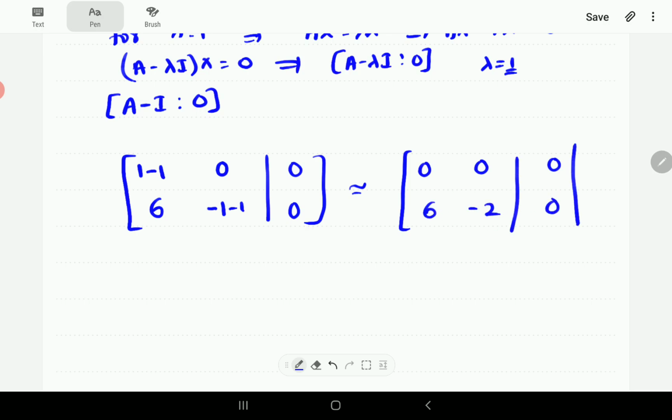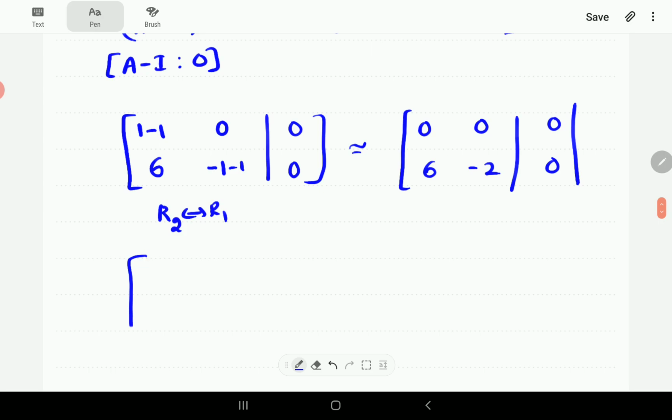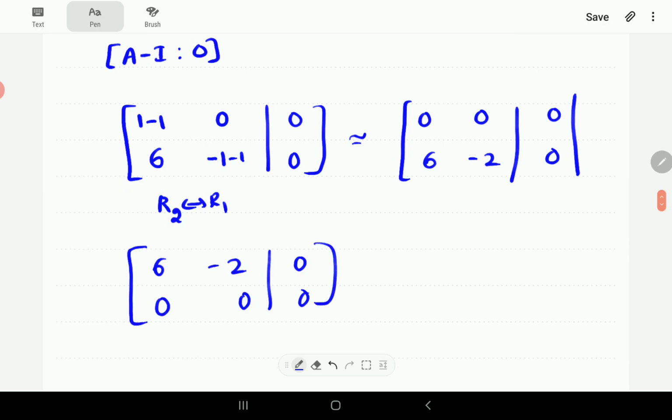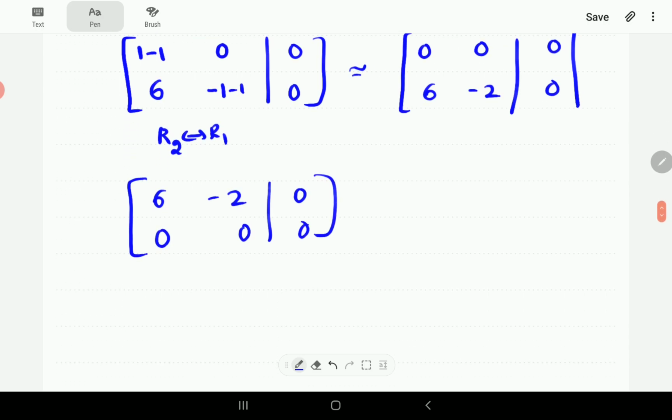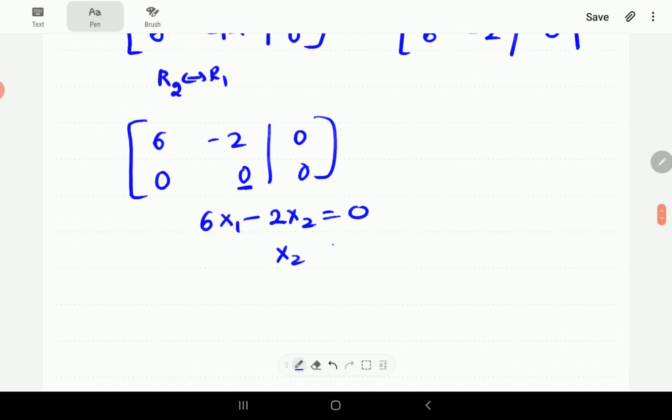Quickly exchanging R1 and R2, we get 6 minus 2 0, and 0 0 0. So we can write the solution: x2 is a free variable, and 6x1 minus 2x2 equals 0.